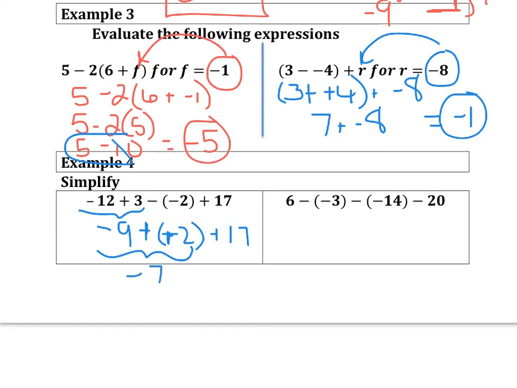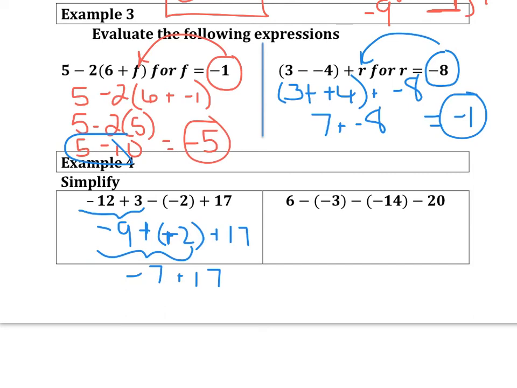Again, keep in mind here that because we really started at negative 9 and we were gaining 2, you're moving a little bit closer to 0, in this case 2 spaces up, and so you end up with negative 7. And then the last part of this is to add 17. So we have negative 7 plus 17. We're adding different signs, which means we're actually subtracting.